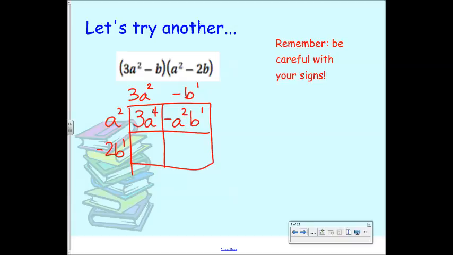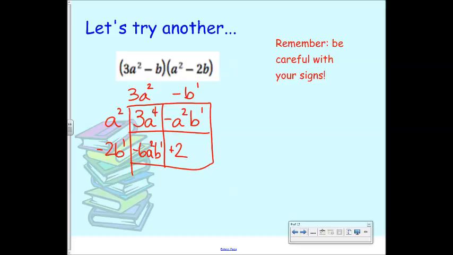And then here? Positive 2. Why is it a positive 2? Negative gives you a positive. All right, and then b to the second. Good.